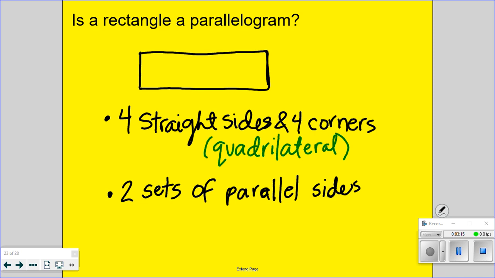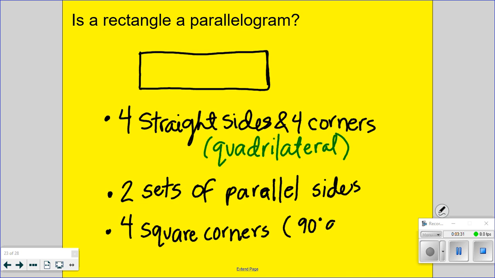We have to have 4 square corners. You might hear this as something else. You might hear it as 90-degree angles, or you might hear it as a right angle.